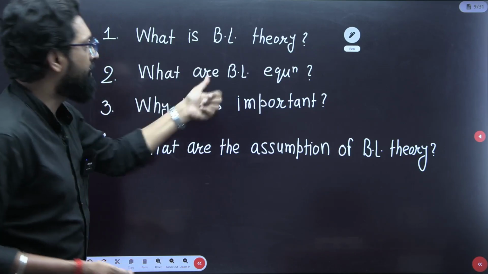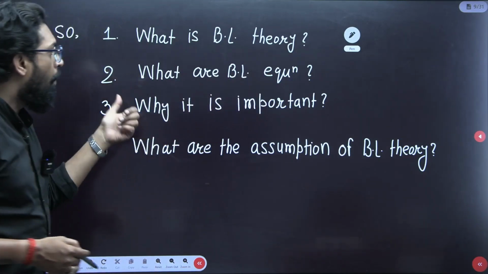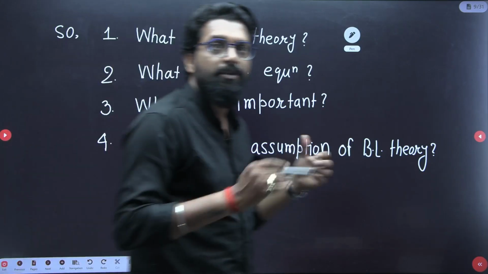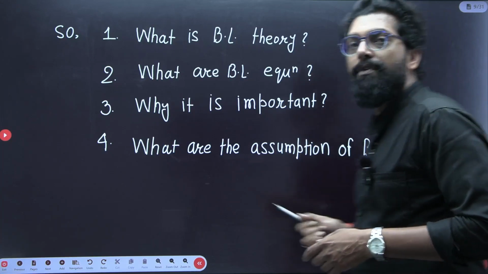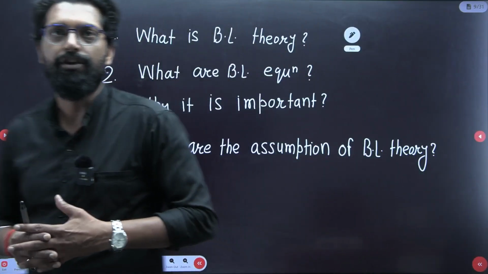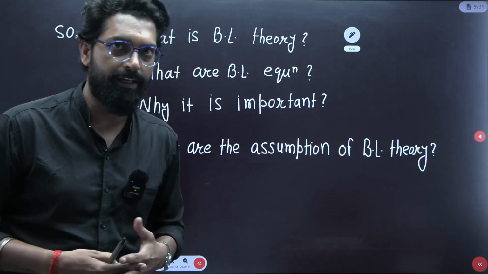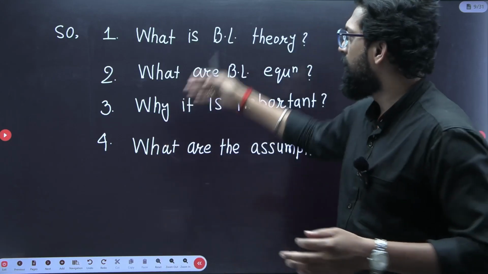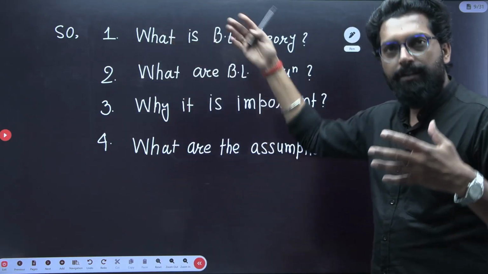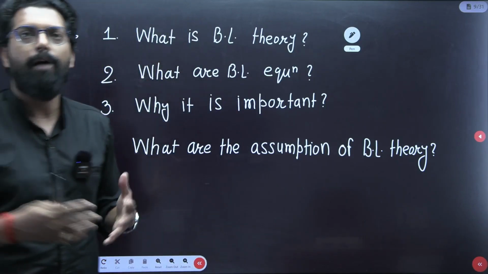What are the boundary layer equations? What are the different types of boundary layer equations? Why is it important, that means why we study the boundary layer, and what are the assumptions of boundary layer theory under which this theory will be valid? These all questions we have to complete during the 4 lectures, 1st lecture, 2nd lecture, 3rd lecture and 4th lecture. All the answers we already discussed up to lecture 4.